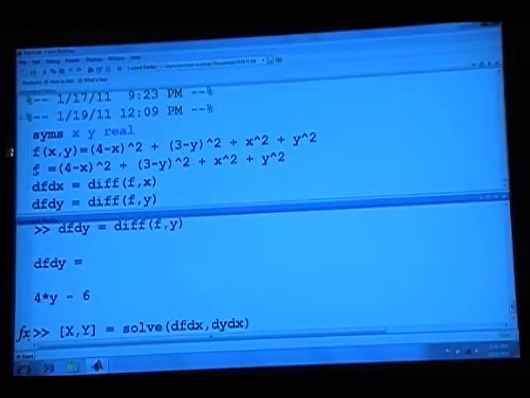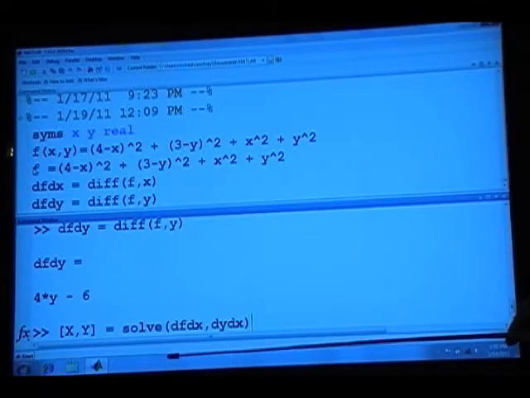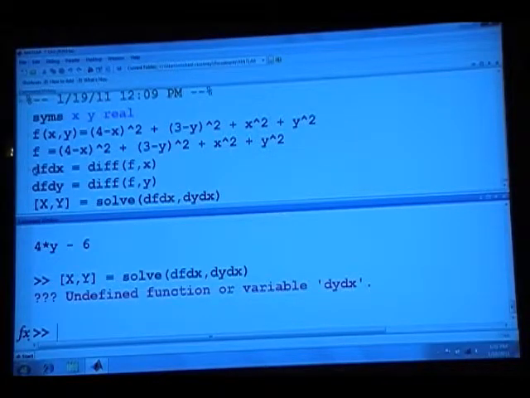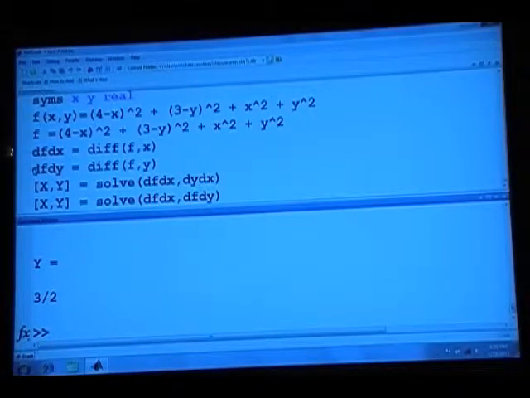If this syntax seems unfamiliar to you, perhaps you can check some of our Matlab practice videos where we just concentrate on using Matlab to work some example problems in Calculus 3. And oops, we did dy dx instead of we wanted df dy. Matlab once again reminding us that our syntax has been imperfect.